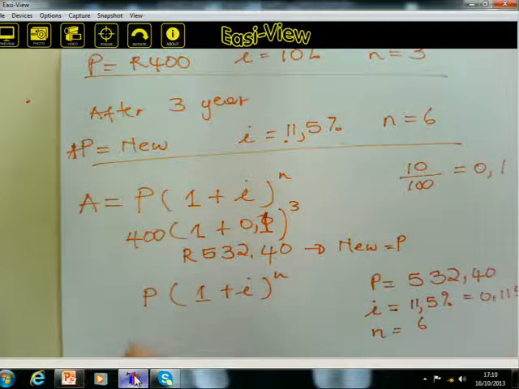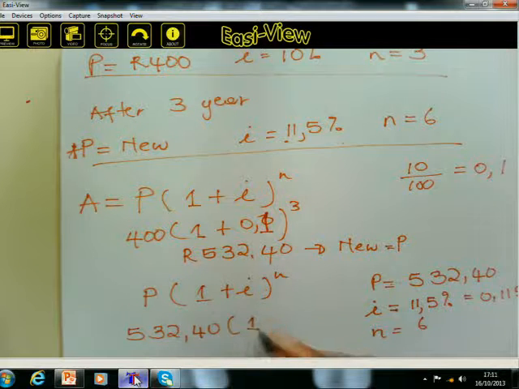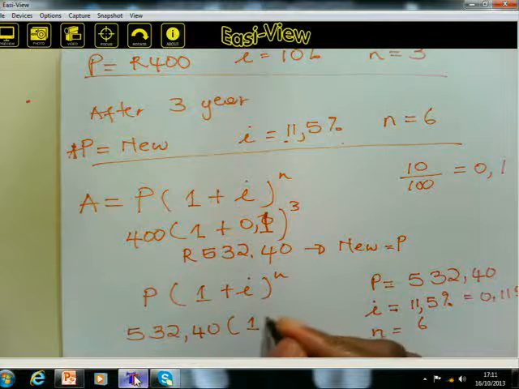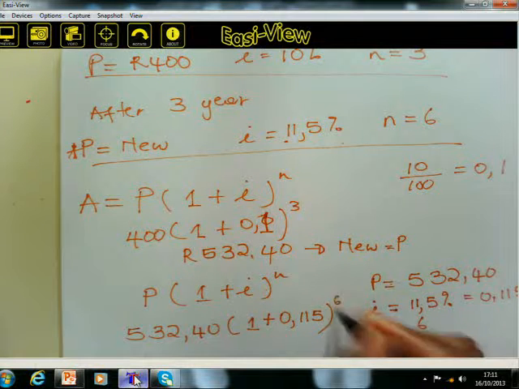So let's substitute. We're going to have 532 rand 40 (1 + 0.115) to the power of 6.